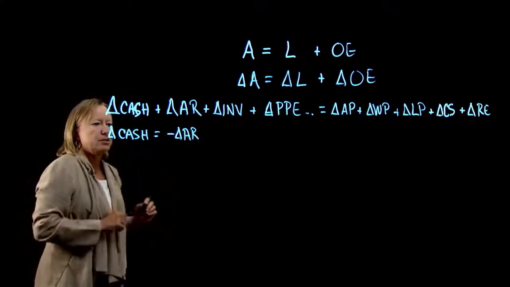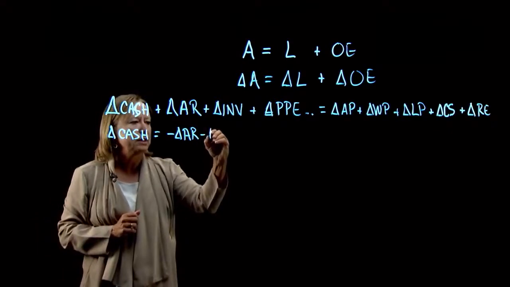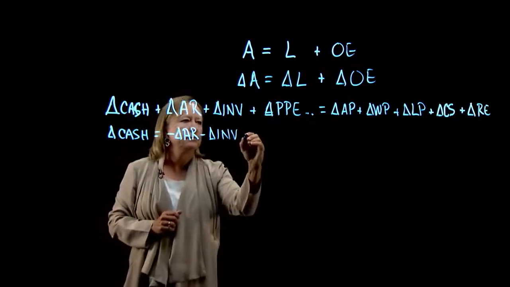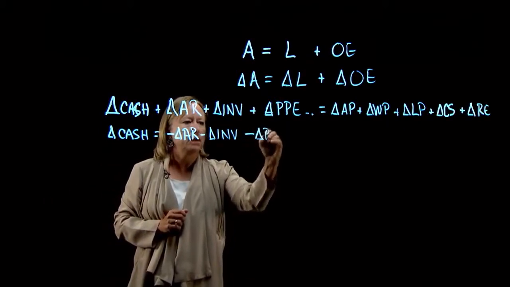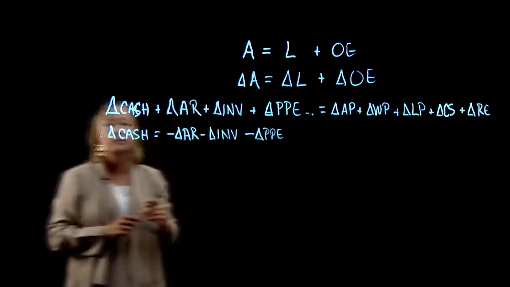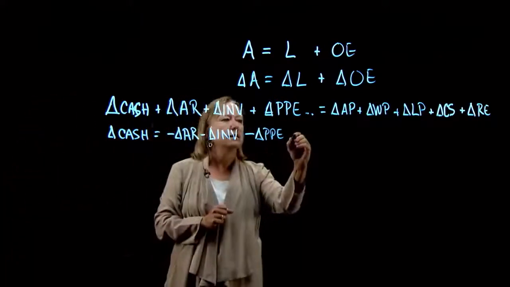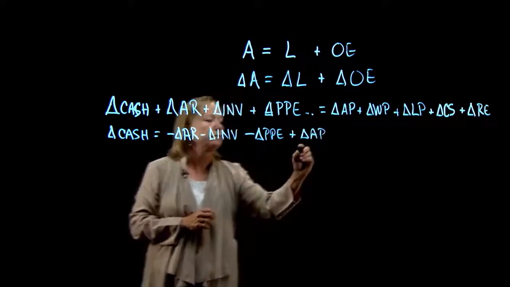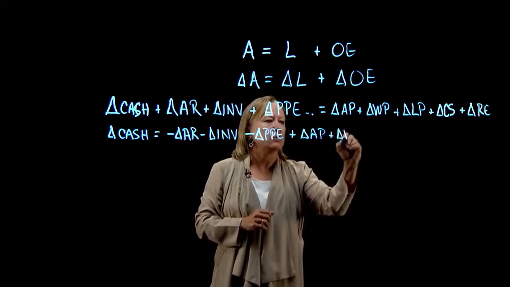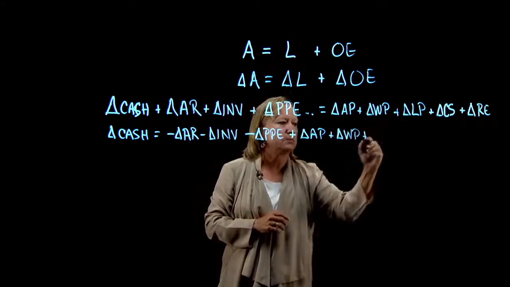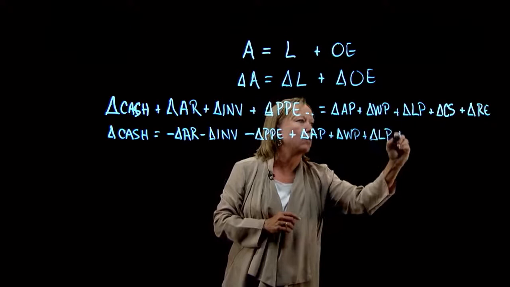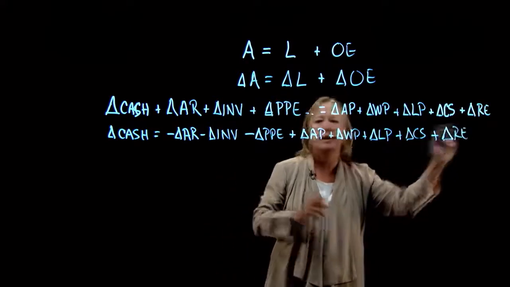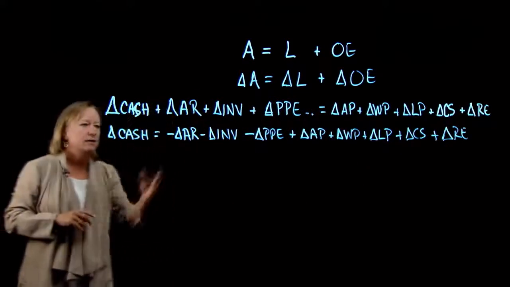So minus the change in AR, or accounts receivable, minus the change in inventory, minus the change in property, plant, and equipment. Can you see me out there? Plus the change in accounts payable, plus the change in wages payable. Now I'm just basically copying what we had here before.